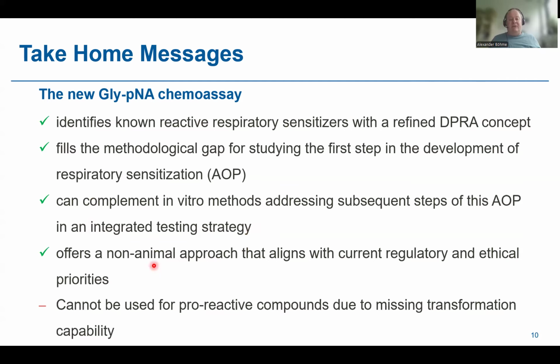It is a non-animal approach, and as such, it is in line with current regulatory priorities. The only thing which cannot be done with the assay is the assessment of those compounds that need some kind of metabolic transformation, because this cannot be mimicked by our assay.